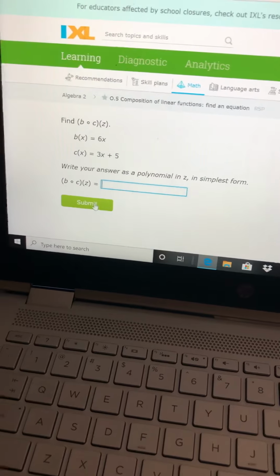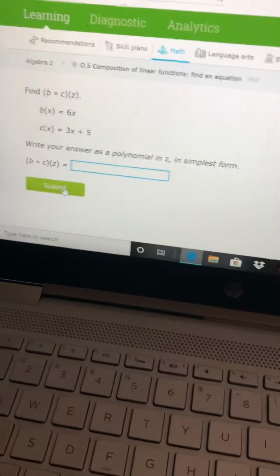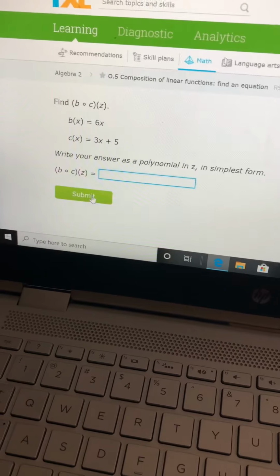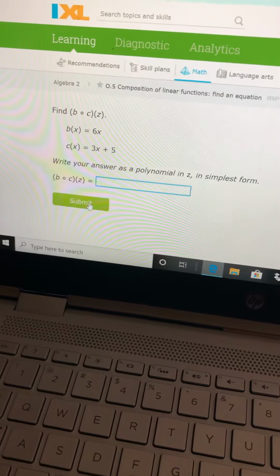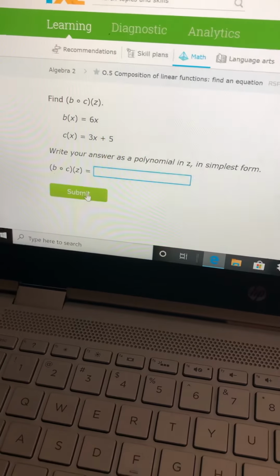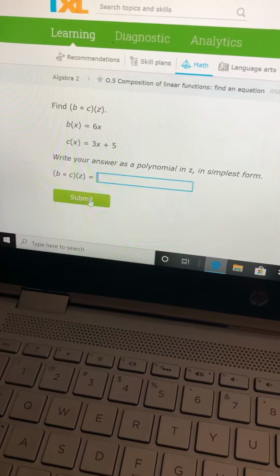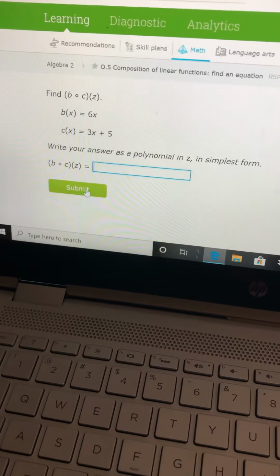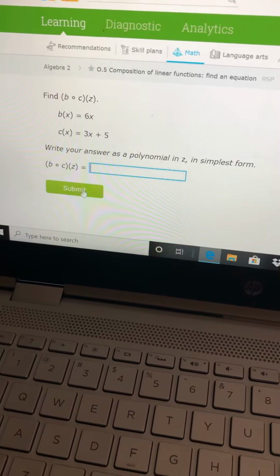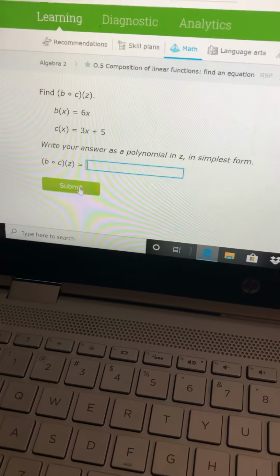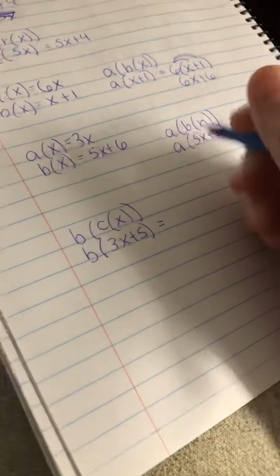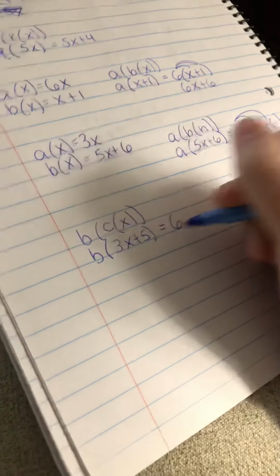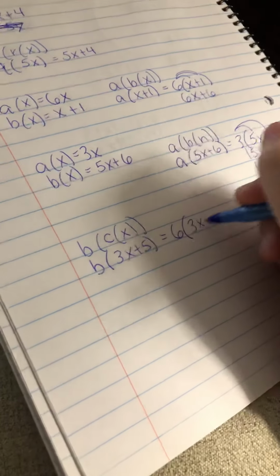Okay, so this one says B of C of Z. We'll change the variable last. I'll just use X. So I write B on the outside. The C function, 3X plus 5, goes in the parentheses. So B, 3X plus 5 equals, the B function has a 6 in the front, and then I put 3X plus 5.